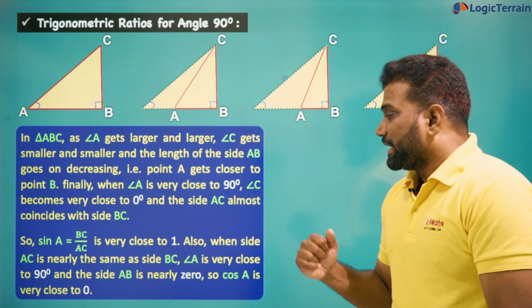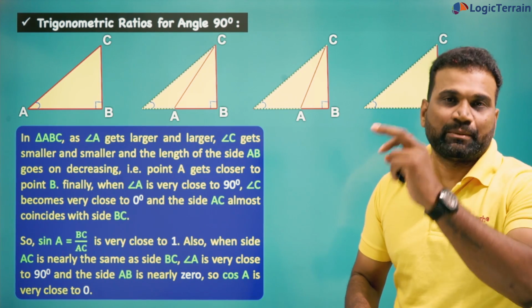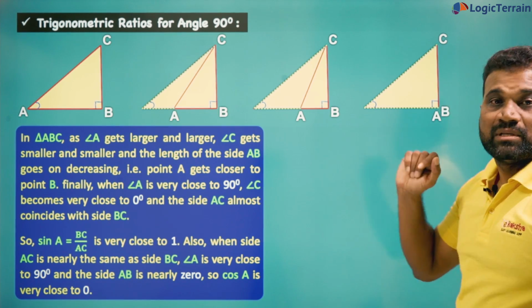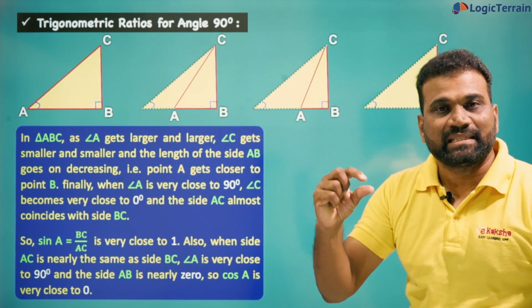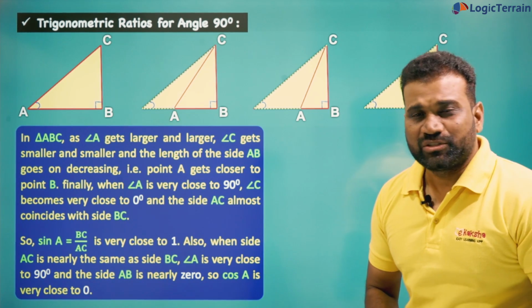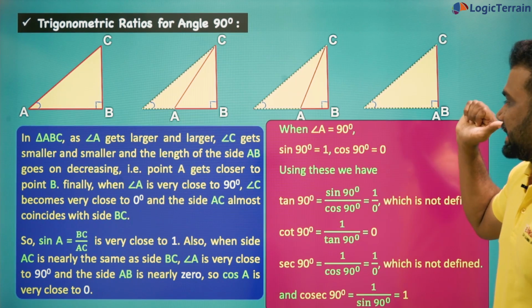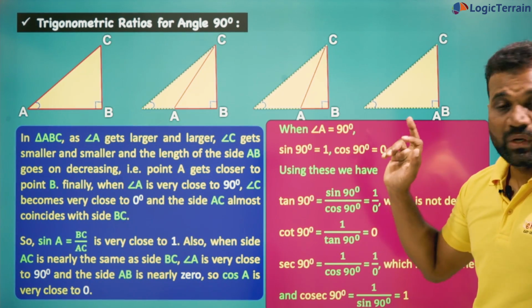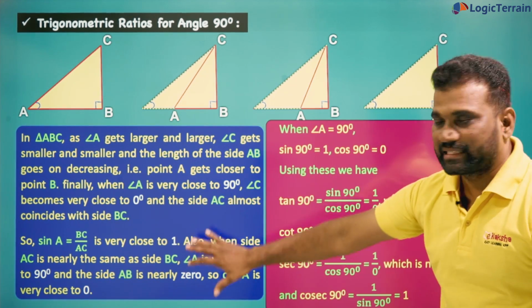And cos A value is closer to 0 because cos is defined as base over hypotenuse. Here the base is almost 0, and the hypotenuse is BC, so 0 by BC is 0, right? So we can derive the remaining trigonometric ratios by using these two. So when angle A equals 90 degrees, sin 90 degrees equals 1 and cos 90 degrees equals 0. We have already discussed this.